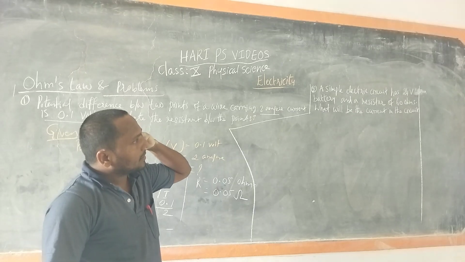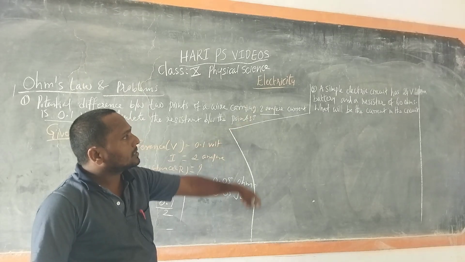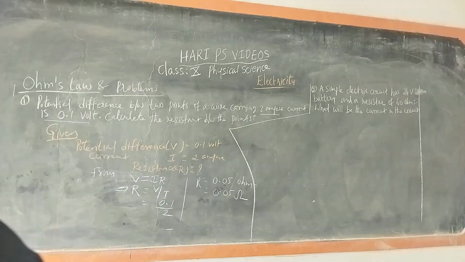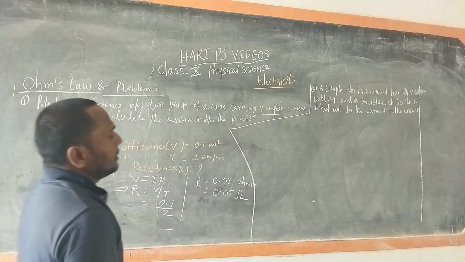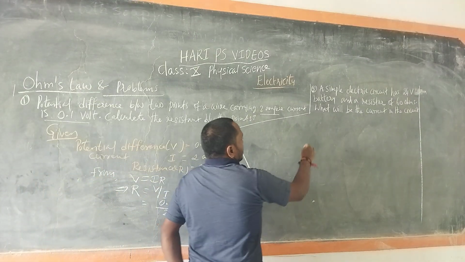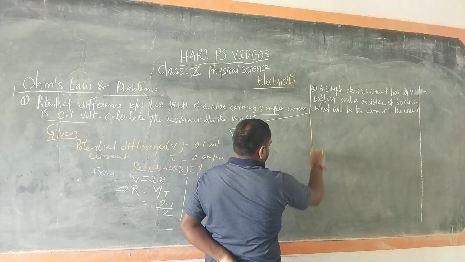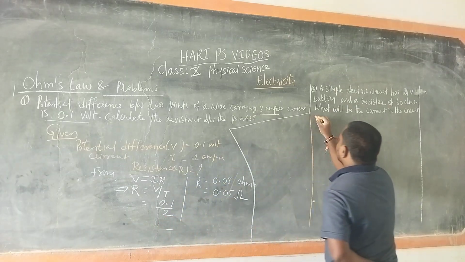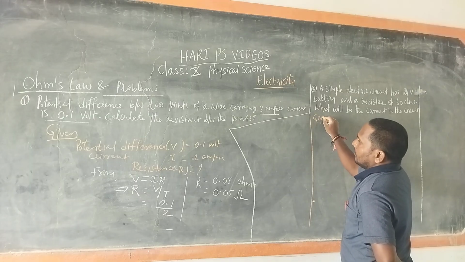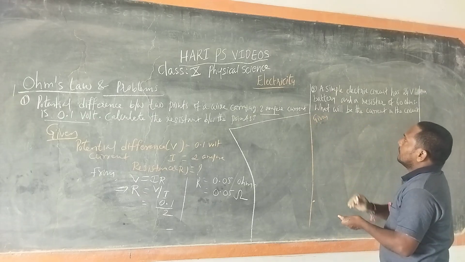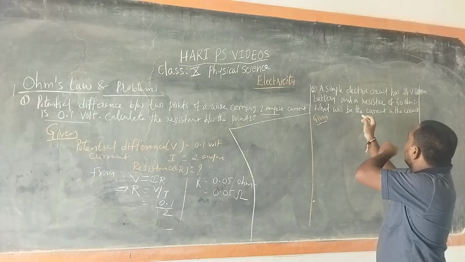A simple electric circuit has a 24 volt battery and a resistor of 60 ohms. So now write the given values.